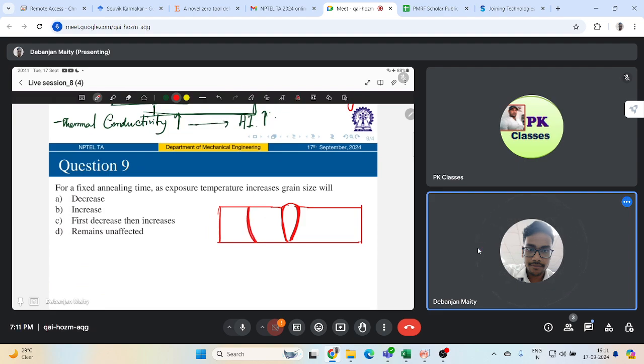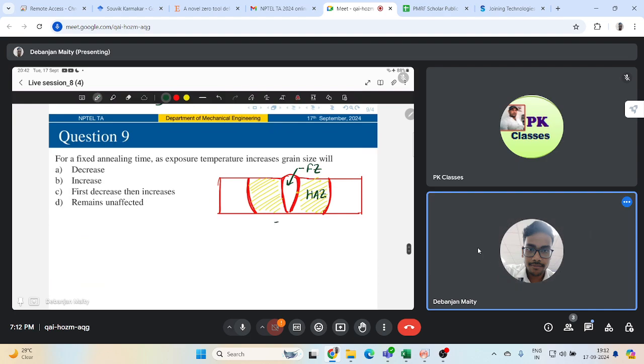But the heat affected region will be large enough because of higher heat dissipation. So this is my fusion zone. This is my heat affected zone.